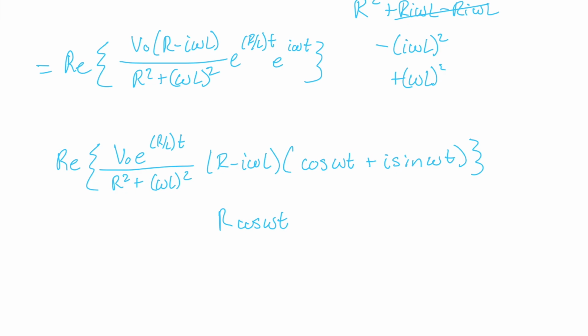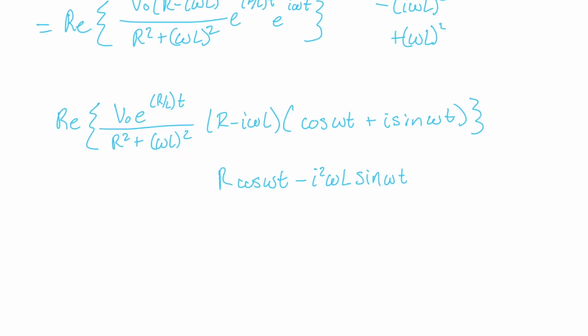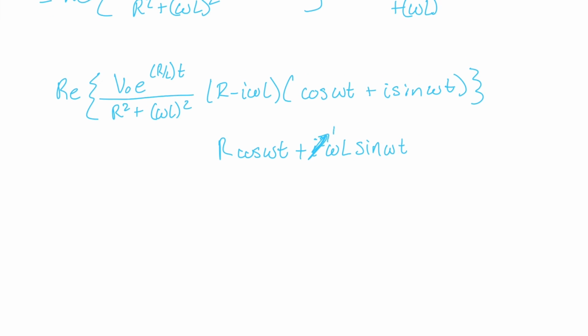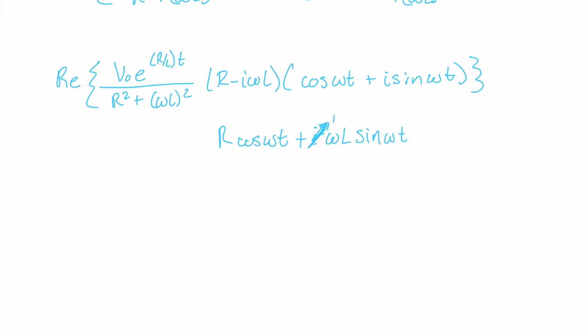So then we're going to have a minus I squared omega L sine omega T, which this will become a plus and this will go away. It becomes a 1. And then we're left with the real part, which is just this as what we worried with.